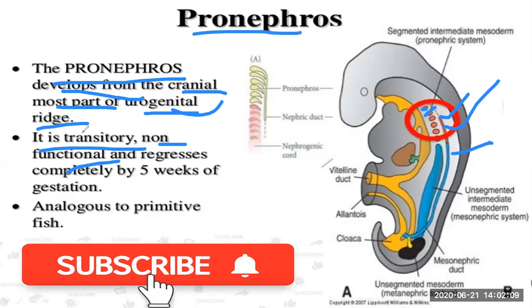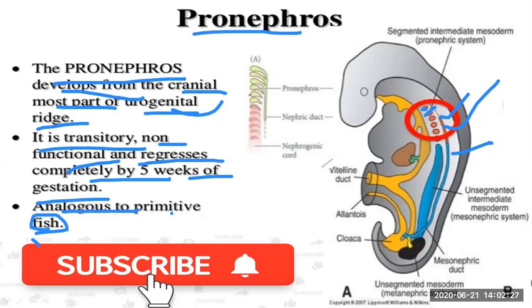It is transitory and regresses completely by 5 weeks of gestation. It is analogous to the primitive fish kidney, so it is also known as the primitive fish kidney.